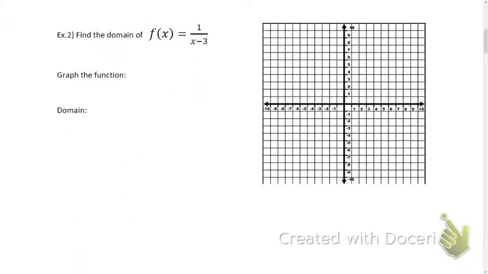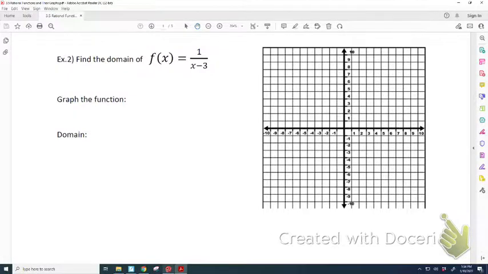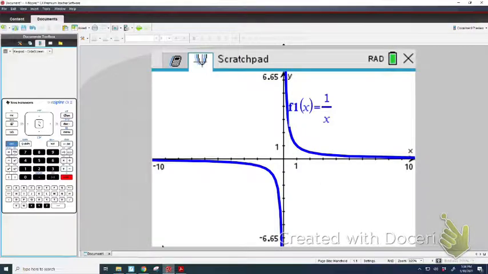We have 1 over x minus 3. Think for a minute, what would be a bad number to plug in? If I plug in a 3, that's going to make that denominator equal to 0, right? So that's what we want to exclude from the domain. Another way to see it is go to the graph.